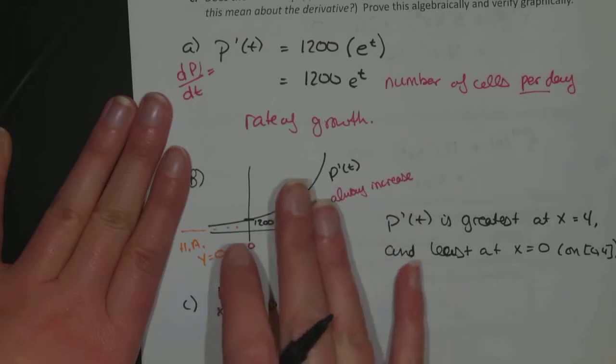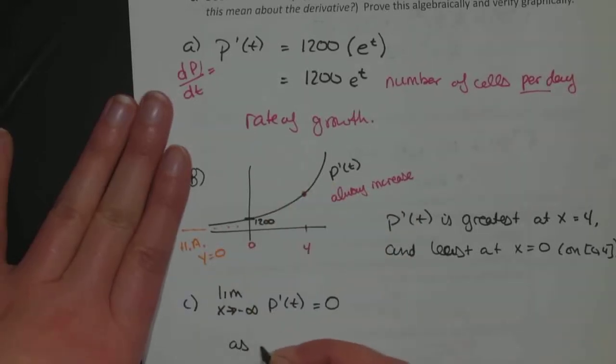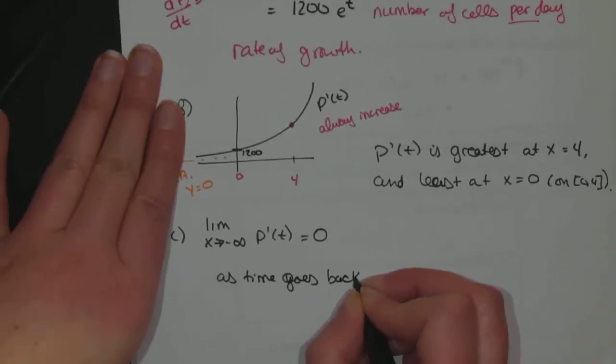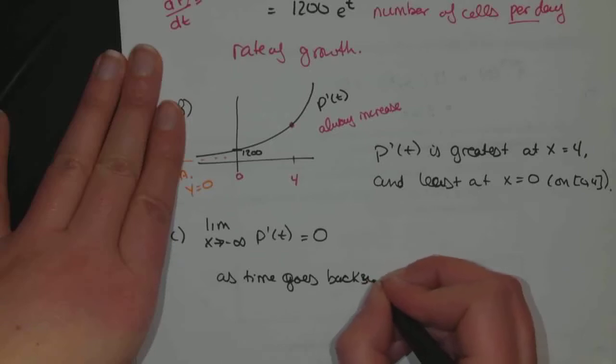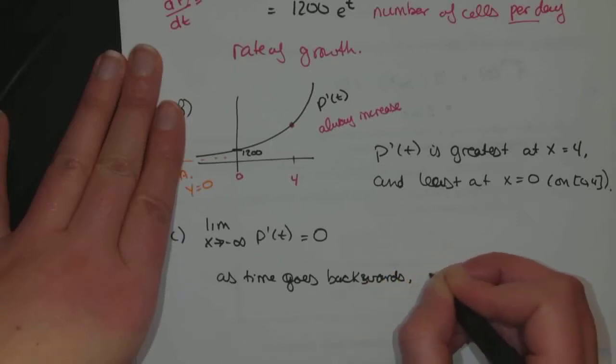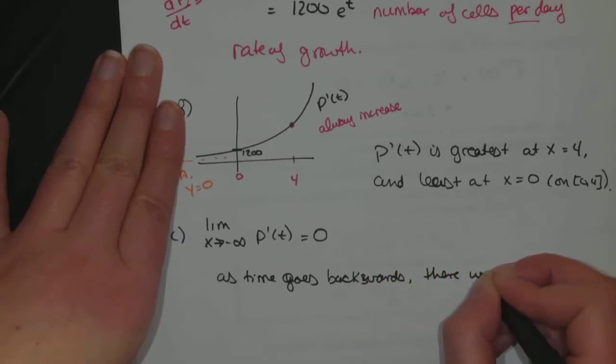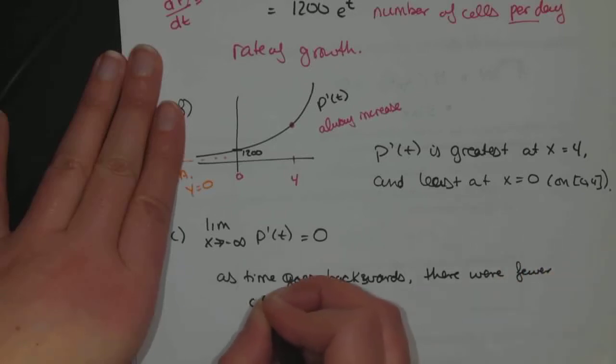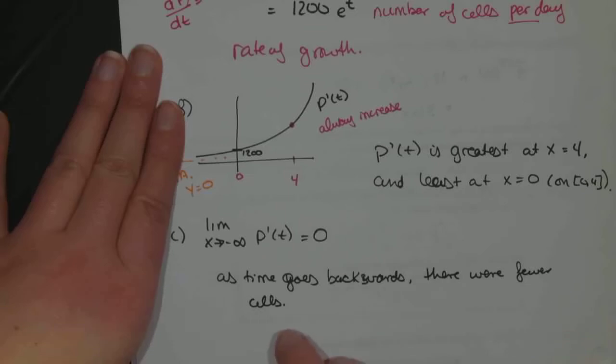As time goes backwards, back in the patient's history or back in the culture's history, there were fewer and fewer cells. Never actually 0 cells though.